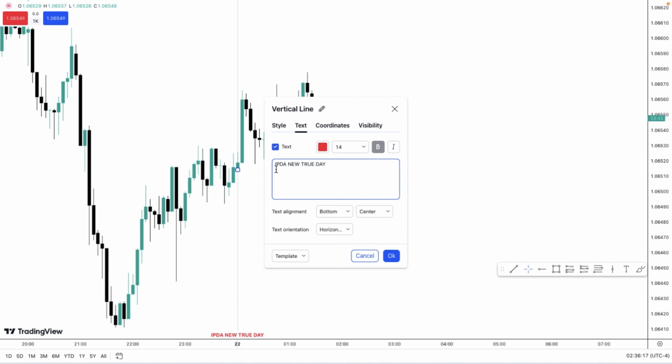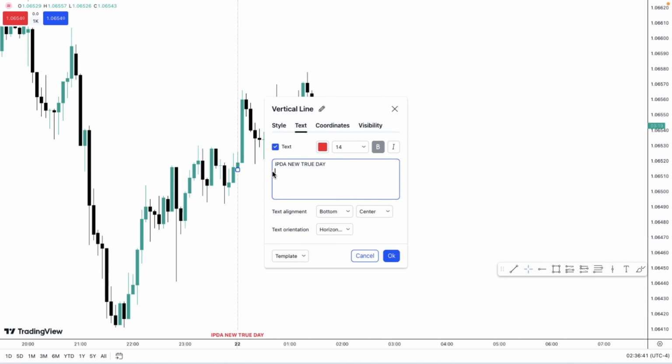But I think this is the International Price Delivery Algorithm. I don't know what the I stands for, I forgot, to be honest. But the PDA stands for Price Delivery Algorithm. So the algorithm that moves price, in other words, the price engines that move price, we call that IPTA. That's the actual name for the algorithm that moves price.